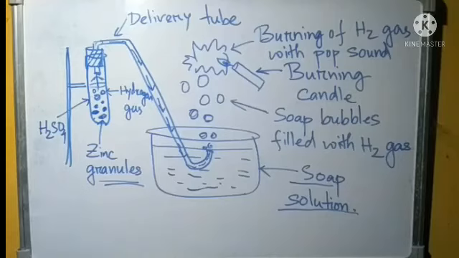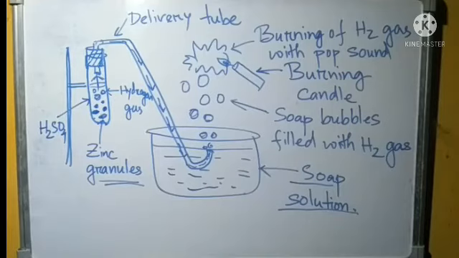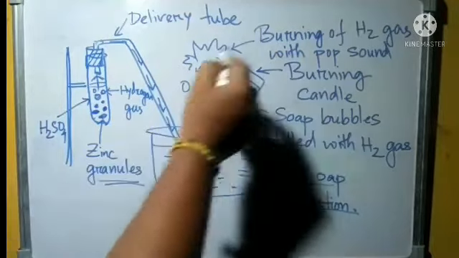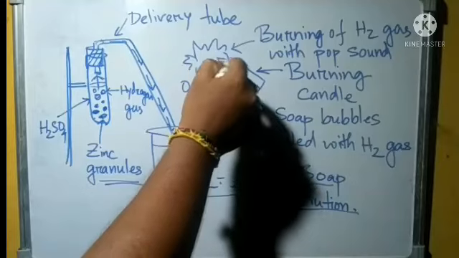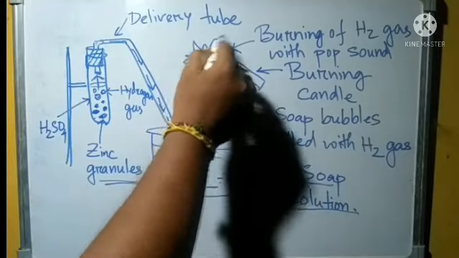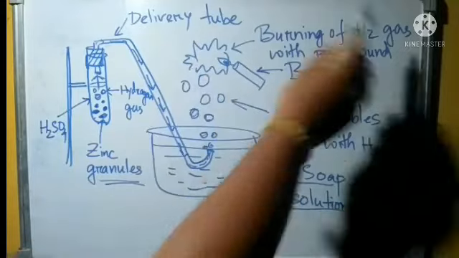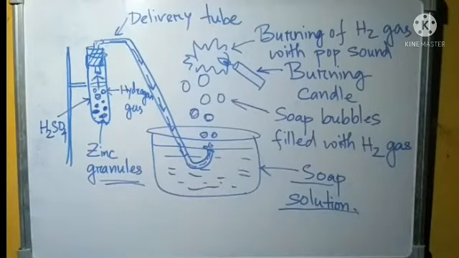It will burn explosively, meaning very quickly, and it will make a sound. What is the sound? A pop sound. Here I have already written: burning of H2 gas with pop sound. When you bring the flame near any bubble, it will burn instantly and give a pop sound.